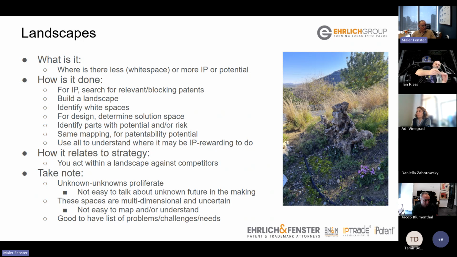And you don't even know what you're looking for. And all of these landscapes are multidimensional, and seeing them in 2D is kind of funny. And that's why one of the things that can help guide you is some sort of list of problems or challenges or needs.